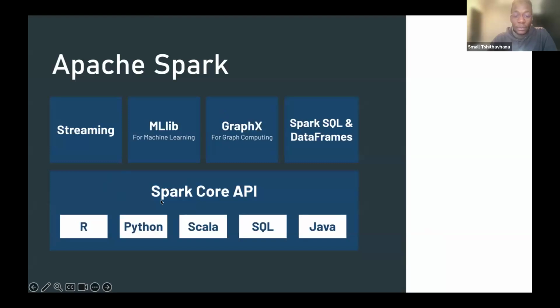The core APIs for Spark are Java, Scala, SQL for the extraction of the data, Python for some of the machine learning tasks, and R. We also have streaming, machine learning, and graph computing within the Spark environment.